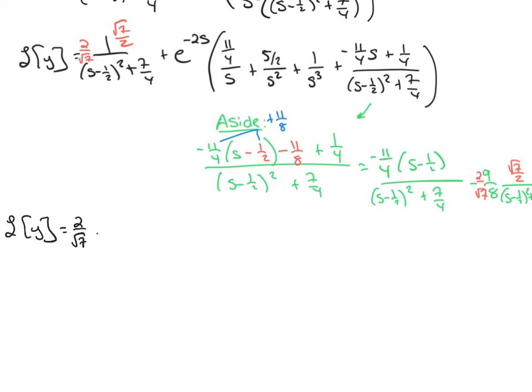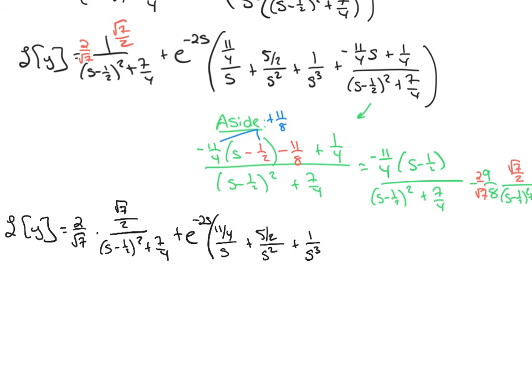So we've got 2 over root 7 times root 7 over 2 over s minus 1/2 squared plus 7/4, plus e to the negative 2s times the quantity 11/4 over s plus 5/2 over s squared plus 1 over s cubed, minus 11/4 times s minus 1/2 over s minus 1/2 squared plus 7/4, minus, what's that going to be? 9 over 4 root 7 times root 7 over 2 over s minus 1/2 squared plus 7/4. Cool.